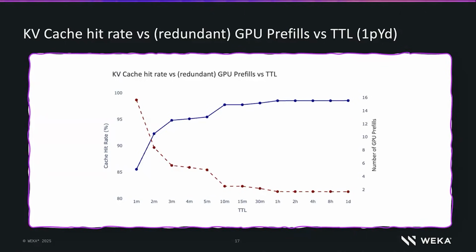But it also shows, based on the secondary axis, that at 1 minute, I'm literally pre-filling like 15, 16 times the same tokens. Over time, we can get that all the way down to approaching 1 and make significant differences to, again, the experience of both the user and the inference provider.